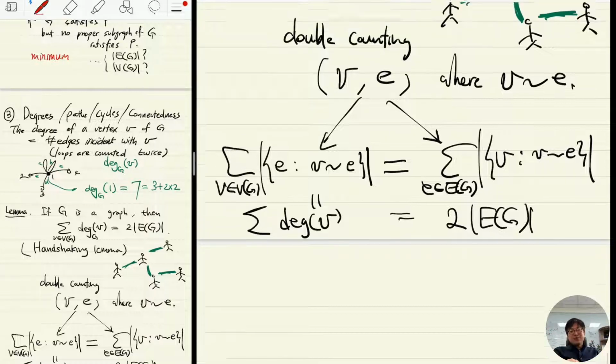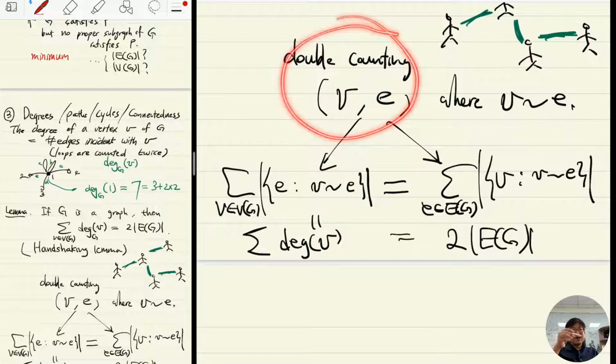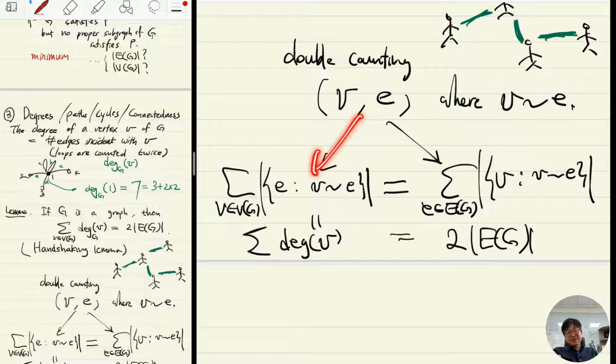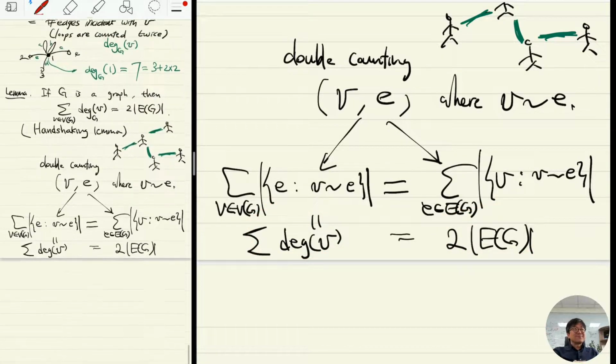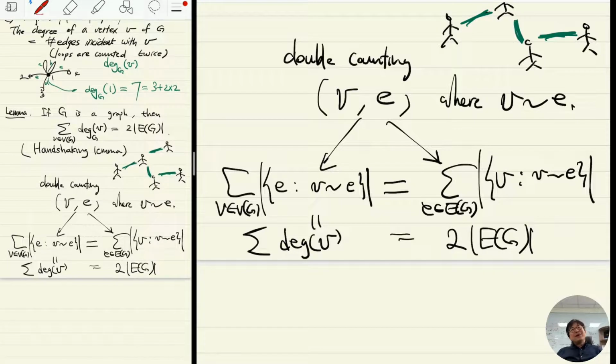So if you use the same double counting proof for this case, and if we assume that the graph has no loops, then this proof works, right? They are equal, so the sum of degrees is equal to twice the number of edges. Now, how can you make this true for general graphs?